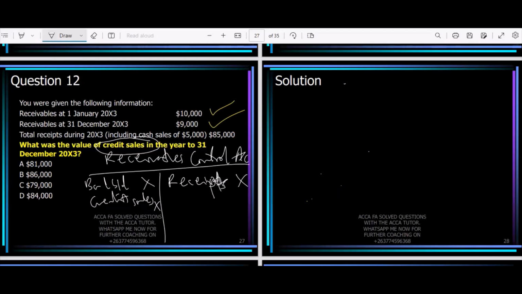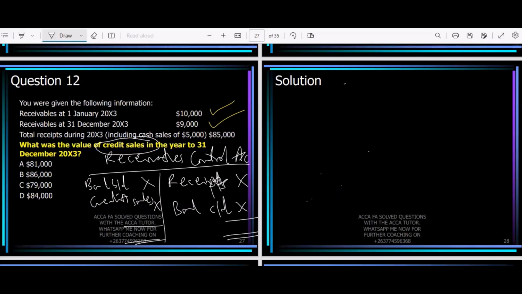So they are on the credit side, right? And then the closing balance, balance CD, should also be on the credit side. And then we total up our account. So that's the template for the receivables control account.